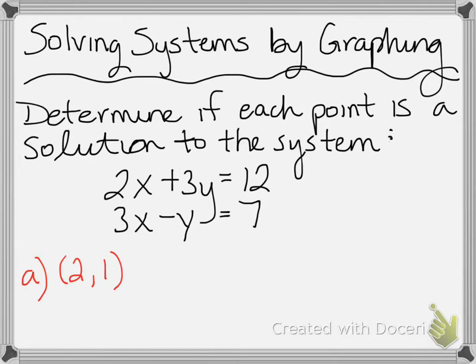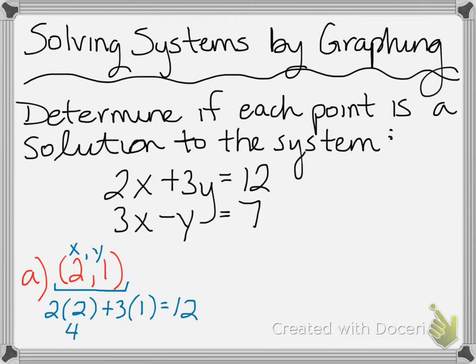So if I plug the 2, 1, which remember, this is x, comma, y, okay? So if we plug this into the first equation, it would be 2 times the x, which is 2, plus 3 times the y, which is 1, and does that equal 12? That's what we're trying to decide.